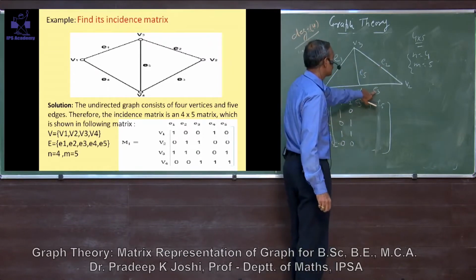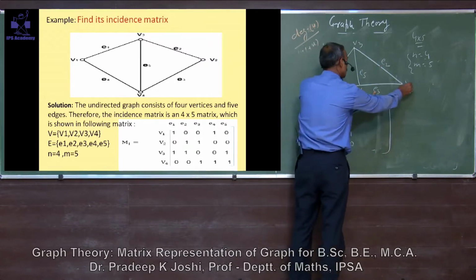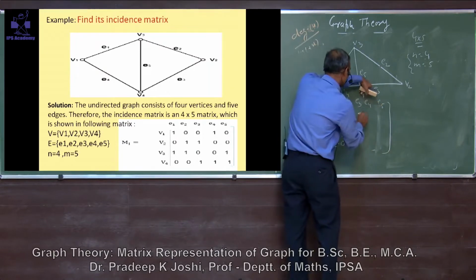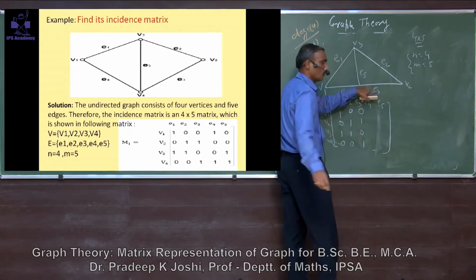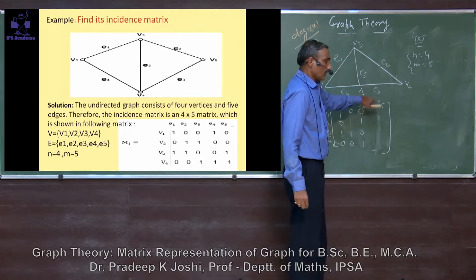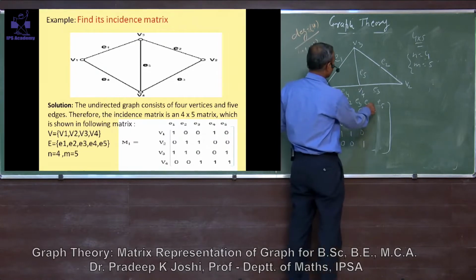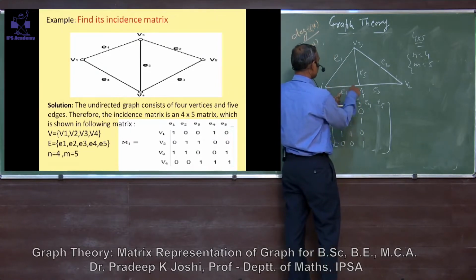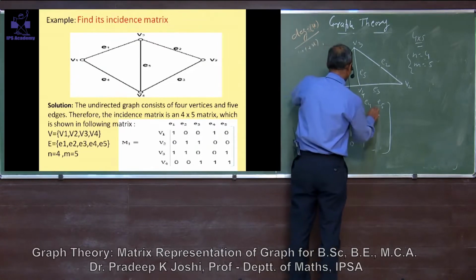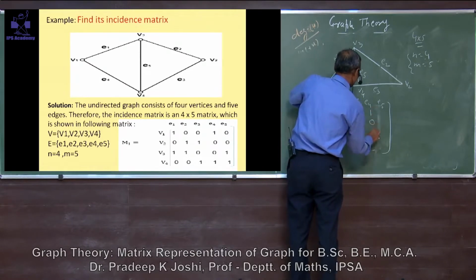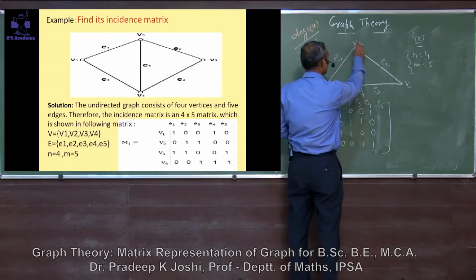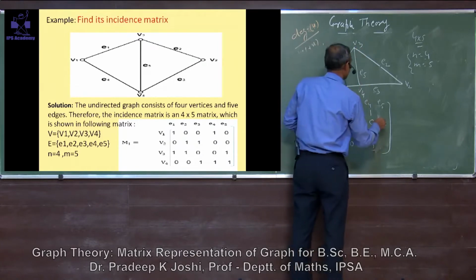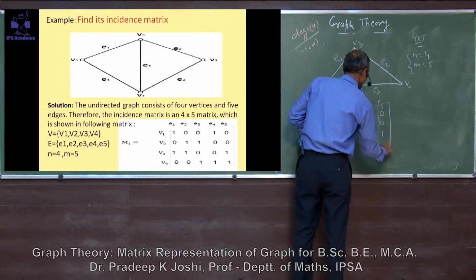Similarly, E3 is incident on V2 as well as on V4, so 0, 1, 0, 1. Next, E4 is incident on V1 as well as on V4, so 1, 0, 0, 1. E5 is incident on V3 as well as on V4, so we put 0, 0, 1, 1.